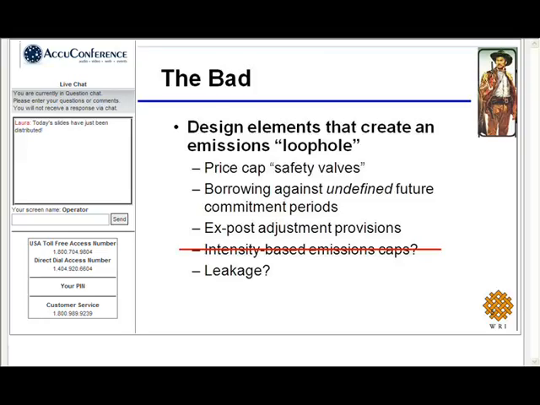Finally, the last issue here is leakage. This isn't really a design element so much, but it can be a concern if you're looking at a possible linking agreement. If you have a system where leakage is a potential significant risk, that is, you're capping the emissions from one set of sources, but there's a significant risk that those emissions will simply be displaced to other sources outside of the cap, that can undermine the environmental effectiveness of your system.